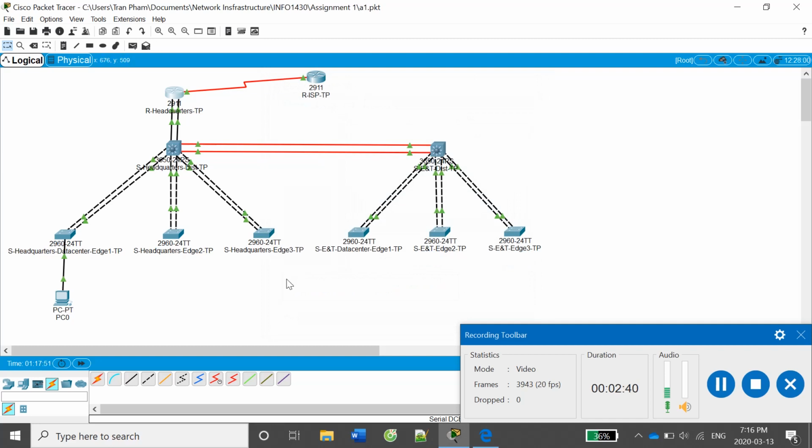Next, for the VLANs, I configured the first number as 1 for the headquarters and 2 for the engineering and test building.